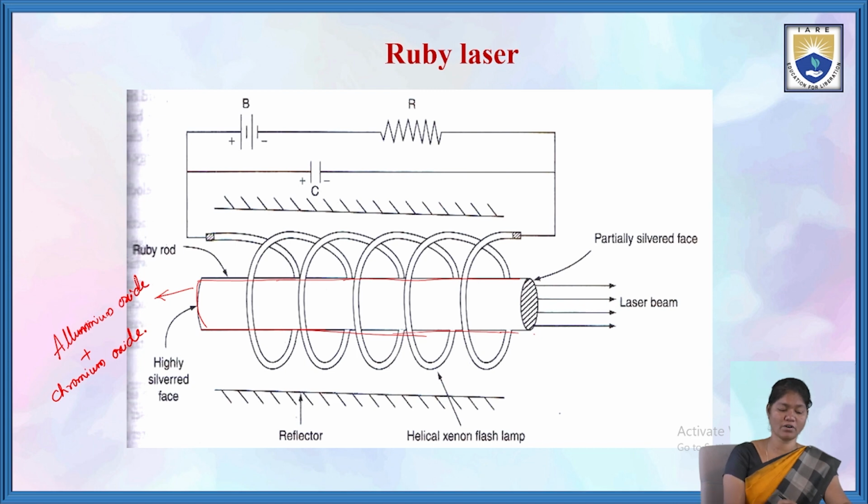So this ruby rod is made with aluminum oxide, which is doped with chromium oxide.